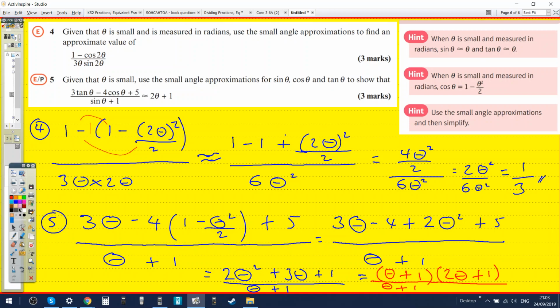And here you can eliminate the brackets with theta plus 1. And so there you've shown it. 2 theta plus 1. Nice. If they told us the answer was 2 theta plus 1, we know one of the brackets has to be theta plus 1 if it simplifies, and the other one is 2 theta plus 1.